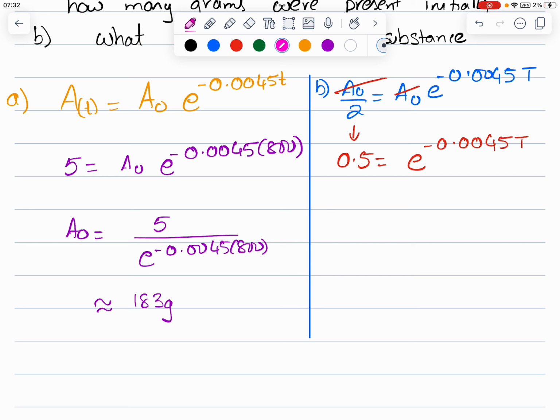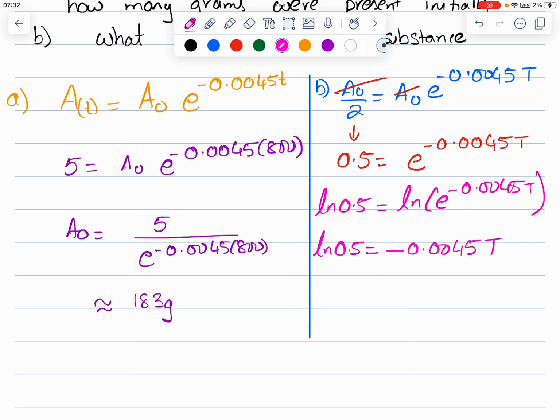Apply ln on both sides. So ln 0.5 equals ln of e power minus 0.0045 t. So that power comes to the front. Ln 0.5 equals minus 0.0045 t ln e. Ln e value is 1, so no need to write.